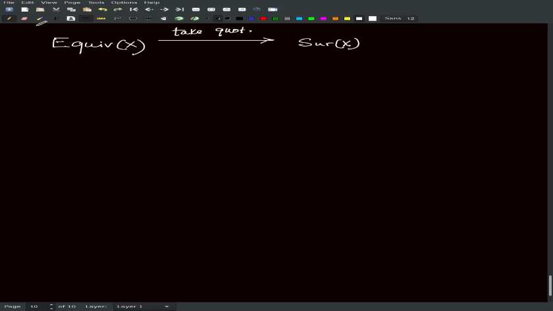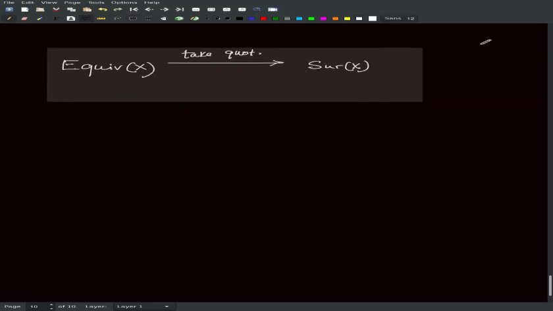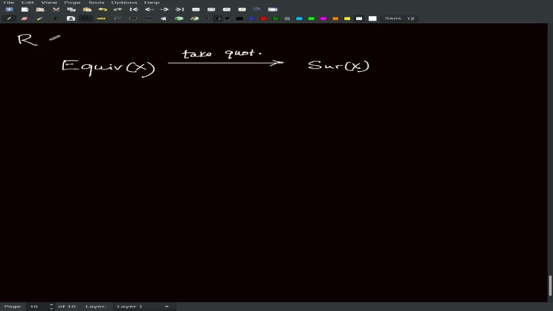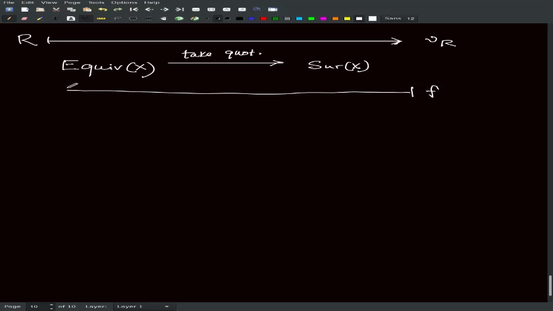So R is being taken to new R. And on the other side, if I have an f, I take it to its kernel pair. So this side is: take the kernel pair.